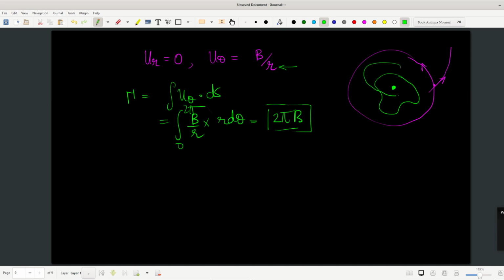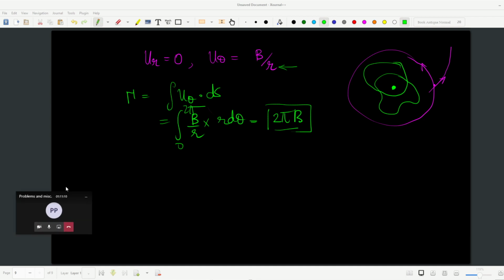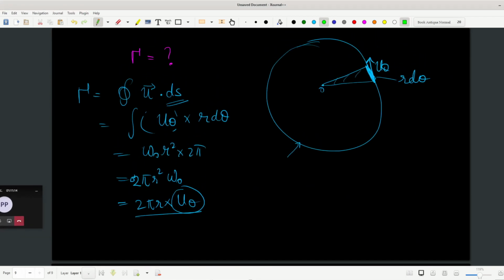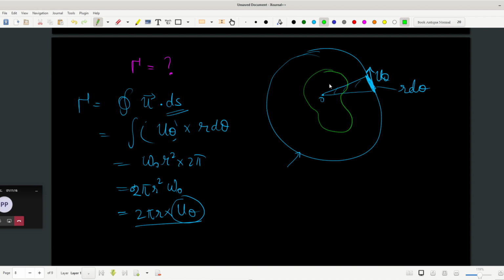You can have it any way you want. It needs to be a closed circuit, and it should encompass the origin. So it is independent of the shape. Don't think that you have to take a circle. Even for the other case, don't think for a second that you have to take a circular conduit. You can take any conduit, and you will still find the same value of the circulation.